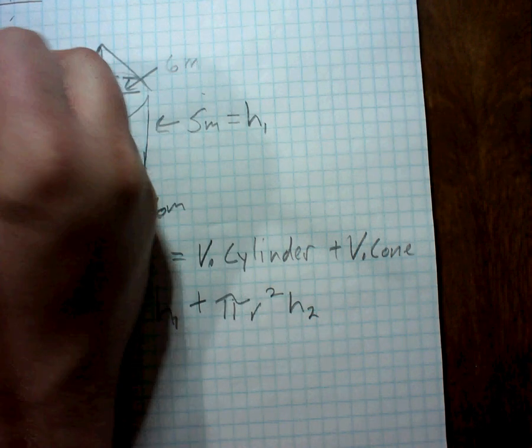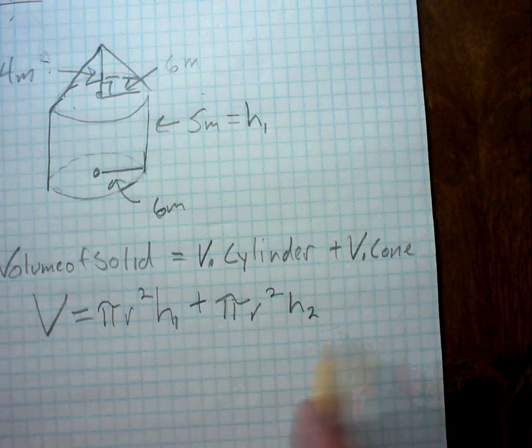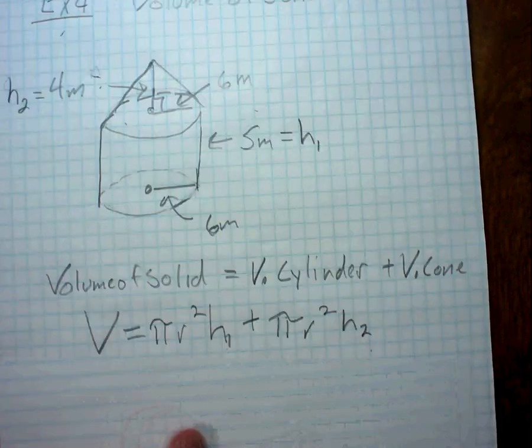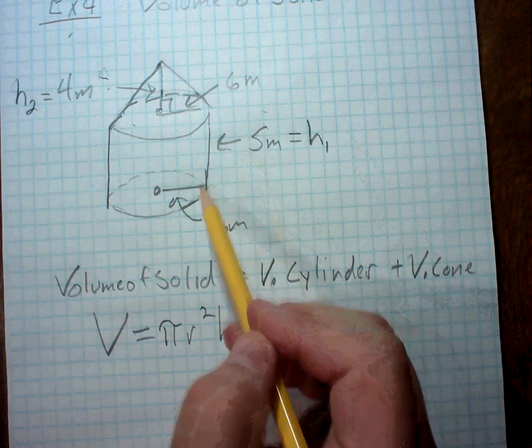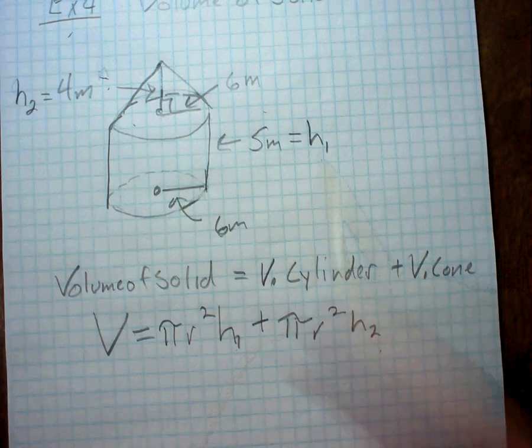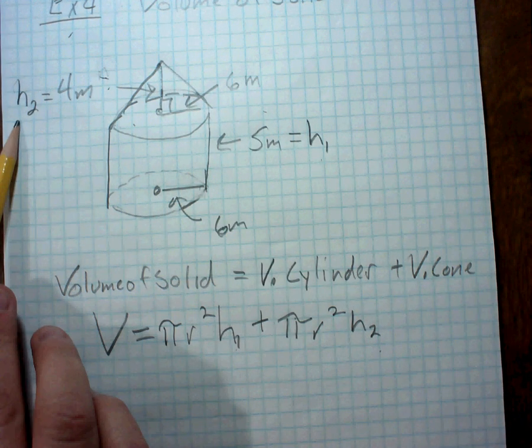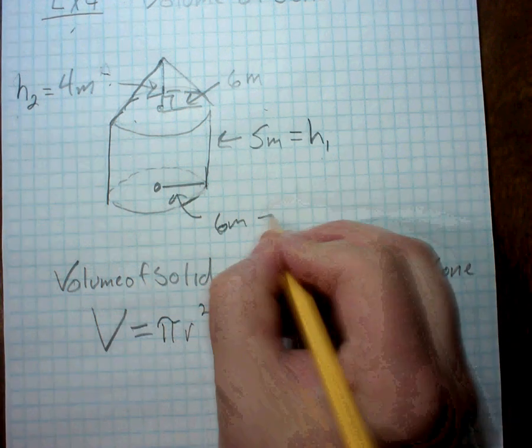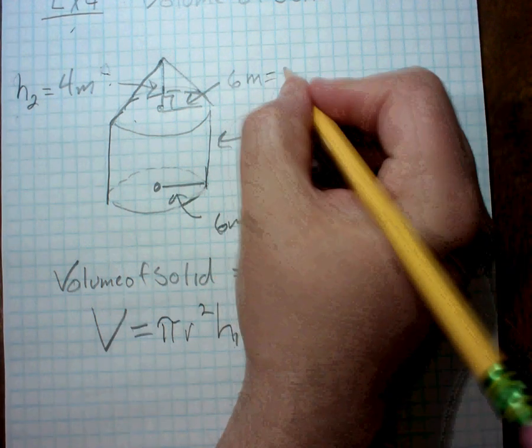So we're just going to label them h1 and h2. Now this is the radius, and the radius is the same for both.